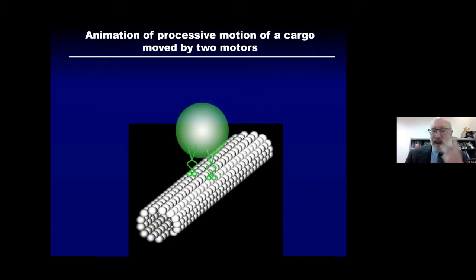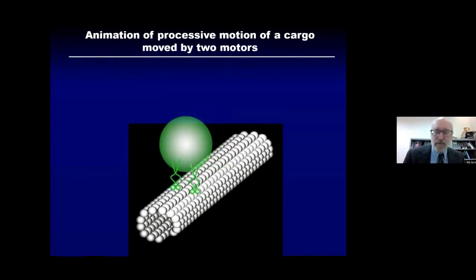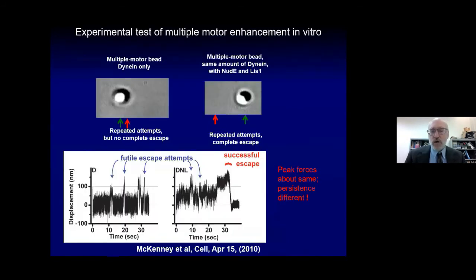So you can get improved force production even if you're not changing the single motor force production, because by changing the detachment kinetics under load, you've changed the ability of the group to function. That will improve the ability of the group to escape from the optical trap and overcome these serious loads. That's the idea behind using NudE and Lis1, that you can very significantly change group function.